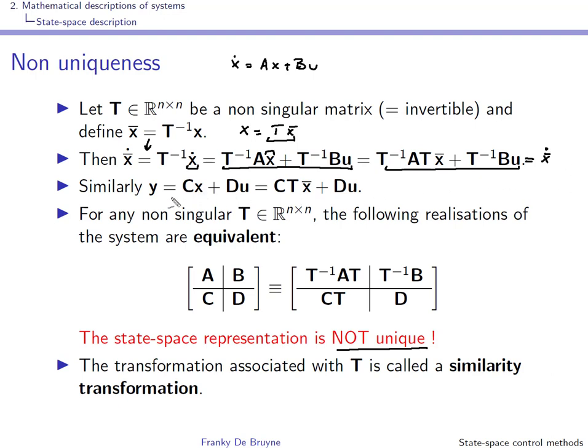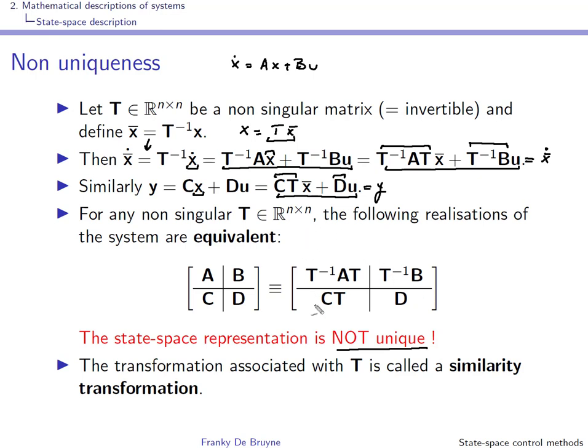We can do something similar for the output equation. So y is equal to Cx plus Du. We inject here x equals T x bar, and we have a new output equation for y. So we see that we obtain a new state matrix, a new control matrix, a new output matrix, and the feed-through matrix remains the same.